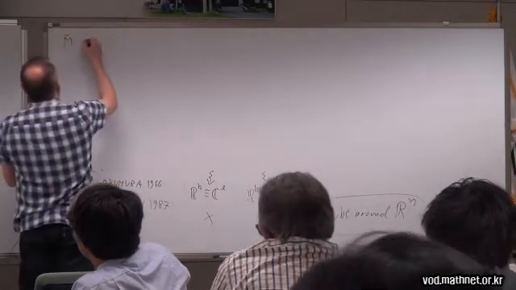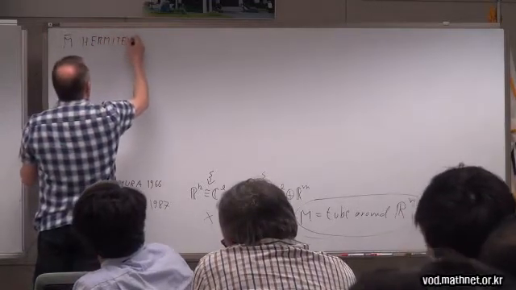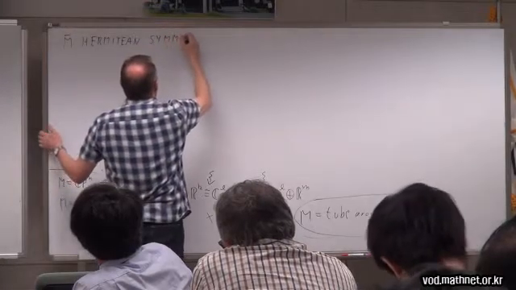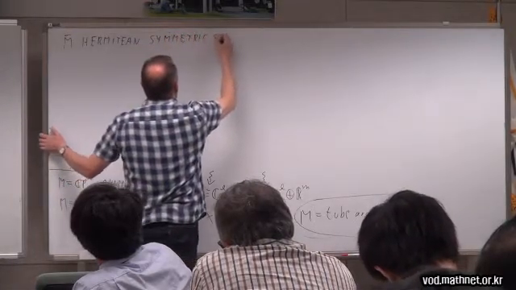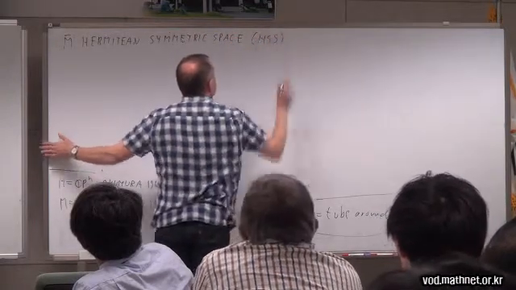So M bar is a Hermitian symmetric space, HSS.